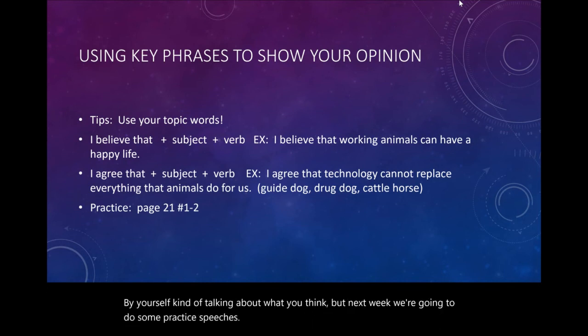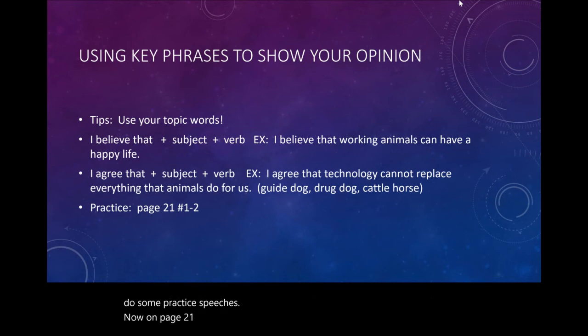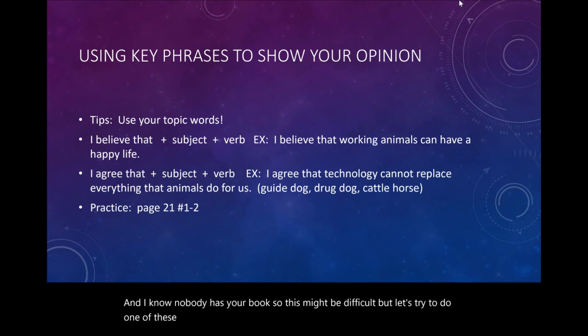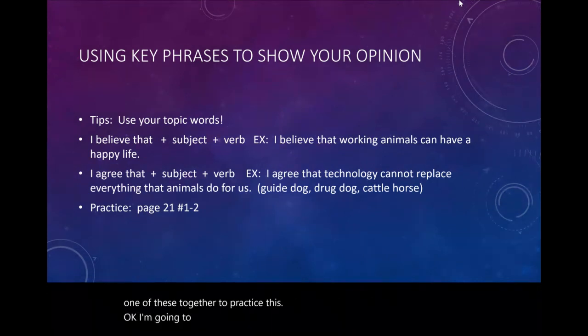Now, on page 21, there are 2 discussion questions. And I know nobody has your book, so this might be difficult, but let's try to do one of these together to practice this. I'm going to read question number 2 that's on page 21, and then you guys are going to tell me your opinion.